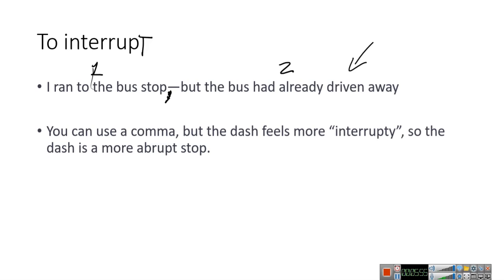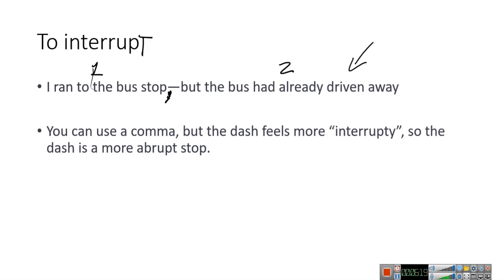Let's look at this example. You can use the comma, but the dash feels more interrupty, so the dash is a more abrupt stop. So what this is saying is that the comma and the dash have the same nature of interrupting and giving us some rest, but the dash is more abrupt.